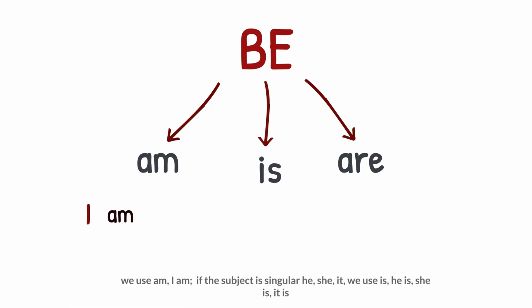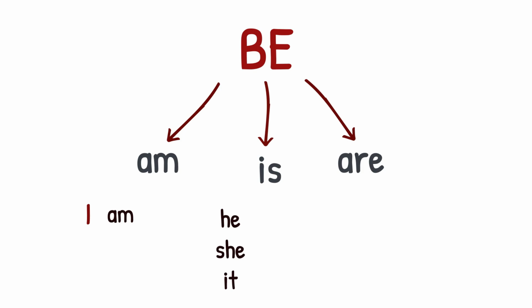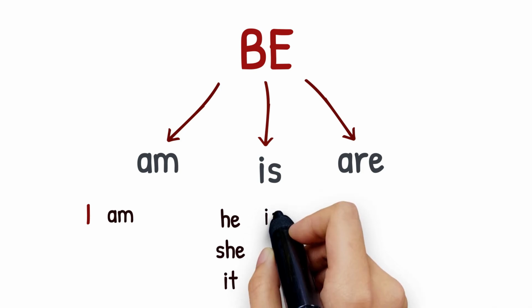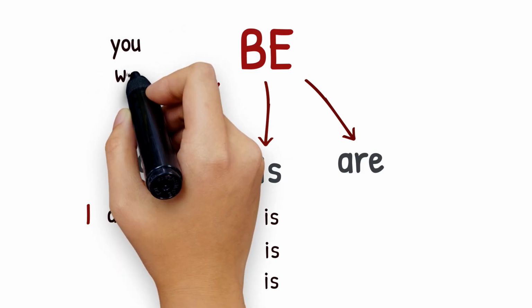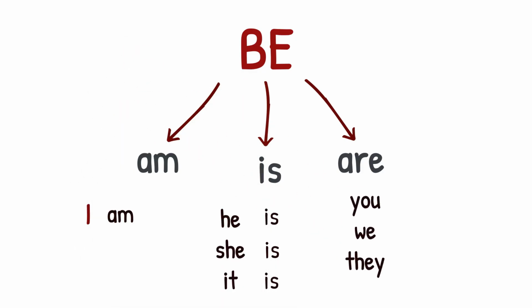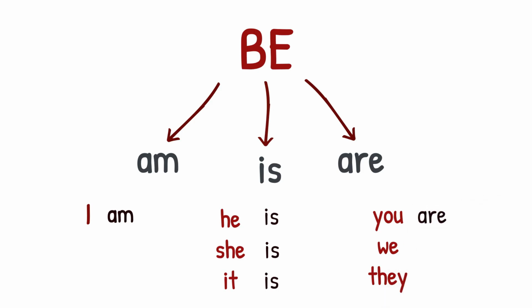I am. If the subject is singular: he, she, it, we use is. He is, she is, and it is. If the subject is plural: you, we, they, we use are. You are, we are, and they are.